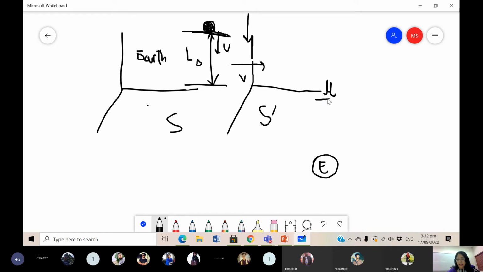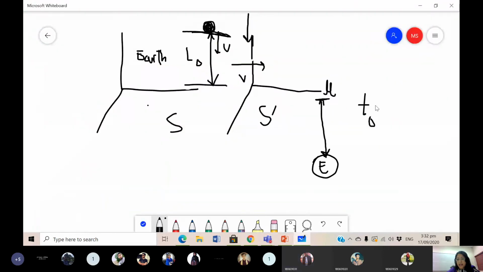Particles are created over here, and we want to figure out whether they will reach Earth before decaying or not. What is their average lifetime according to here? 2.2 microseconds, okay?